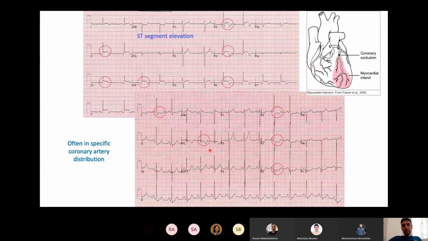And then here, for example, like we said, there's ST segment elevation and a T wave that's inverted. That's abnormal, right? Here ST segment depressed and a T wave that's upright, abnormal, right? These are not early repolarization findings.